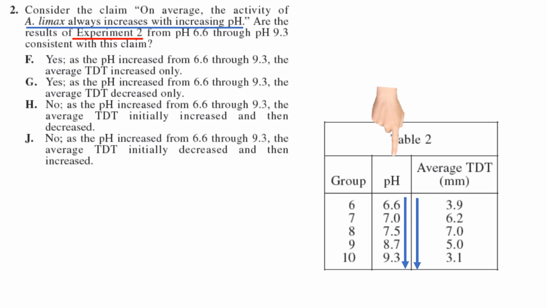So we look at the average TDT, and what we see is that they go up for 6 to 7.5, but then they start going down again. So this is not consistent, so we can definitely say the answer is no. And why? It increased, and then it decreased. So your answer is H.